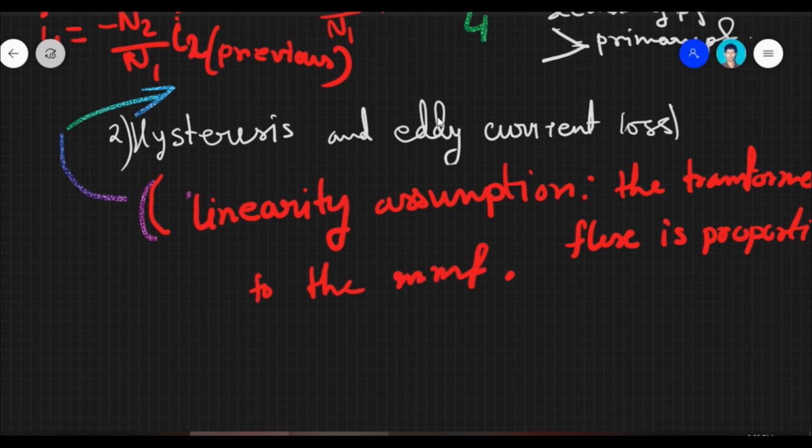So although we are considering here hysteresis and eddy current loss, that part remains unaltered, that means flux and MMF maintain a linear relationship. Now the obvious question is how to ensure it.